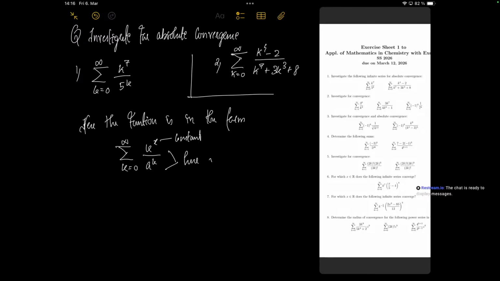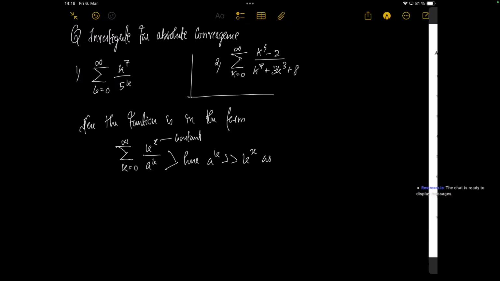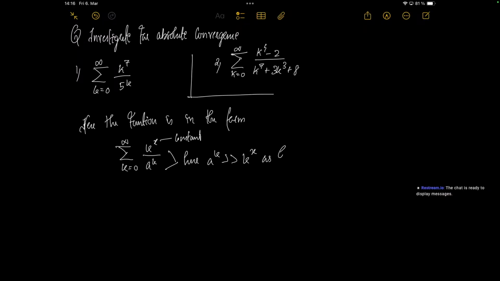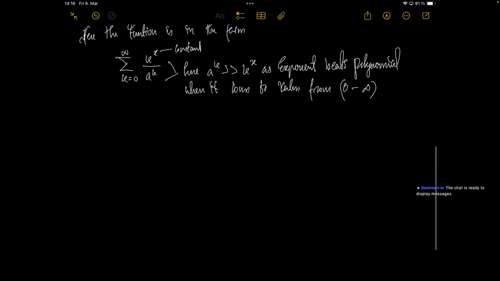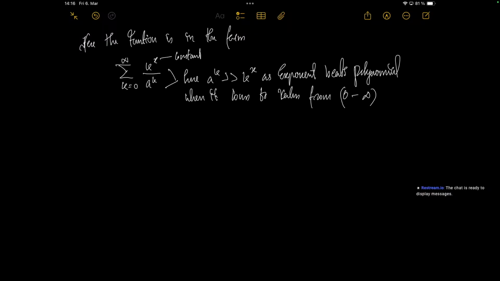Here, a^k, k^x, as, oh, I forgot the term, exponentials beat polynomials when it comes to values from 0 to infinity. Okay, so that's out of the way.